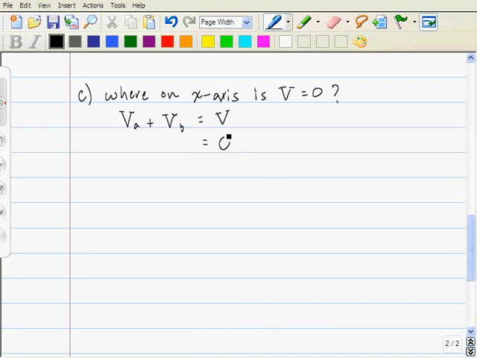So it must be true that the constant K times Q sub A divided by the distance R sub A, plus the constant K times Q sub B divided by the distance R sub B, is equal to 0.